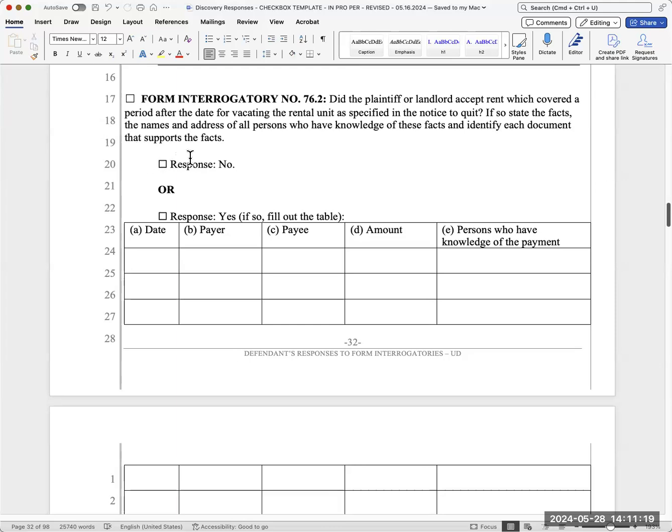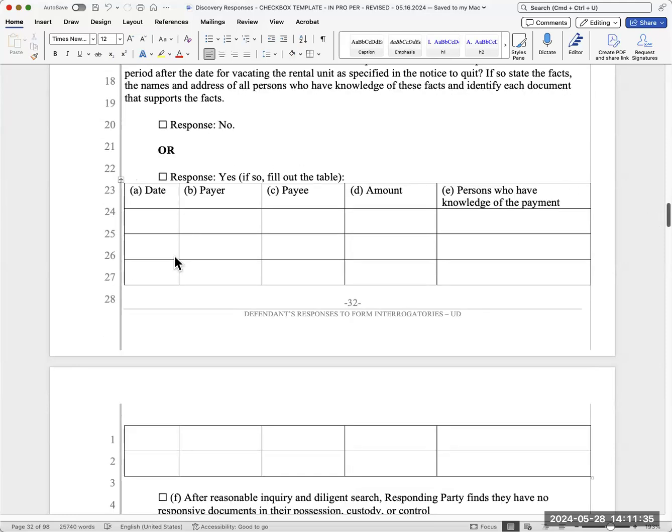The answer is still no. As long as it was promptly returned and wasn't cashed, you can check no. If they did in some way accept it, or you suspect they accepted it, but you're not sure, you can put it in here. You can talk to, as I said, the law clerk EDN attorney team if you're not sure. Let them know how the rent payment was made, how you believe it was accepted, and then they'll let you know how to fill this out.